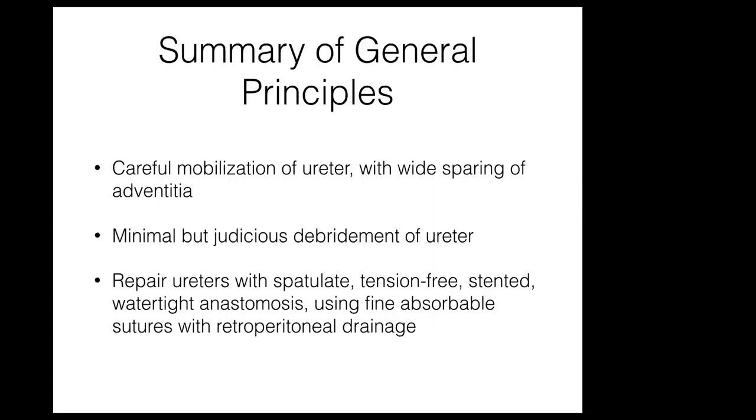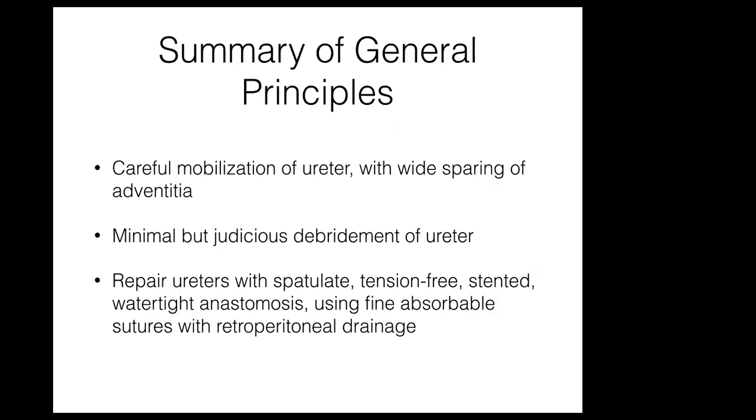As was detailed in Campbell, ureteral reconstruction has general principles that will be followed in all of those surgeries. So first, careful mobilization of the ureter with wide sparing of the adventitia. Next is minimal but judicious debridement of the ureter.